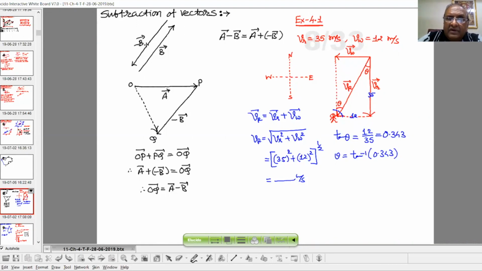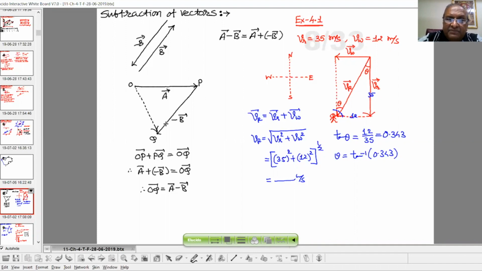So once this minus B is prepared, now place this minus B from the head of A. So now this minus B is represented here from the head of A. So this new vector PQ is denoted as minus B. Now see here, one vector is OP, O is tail, P is head.